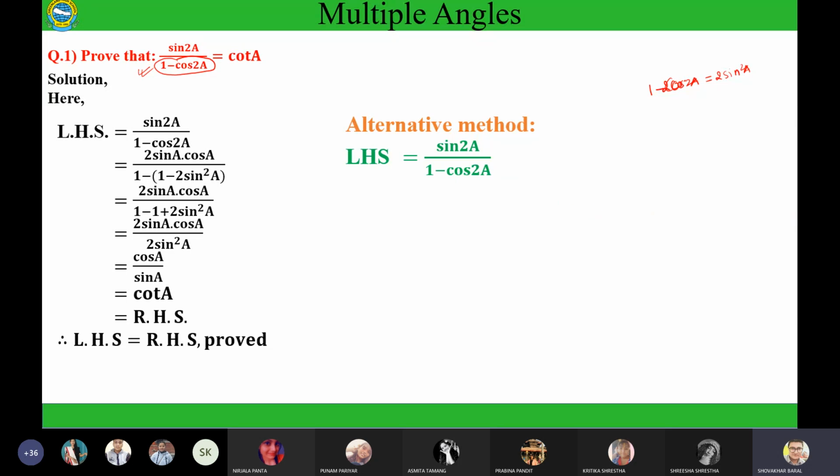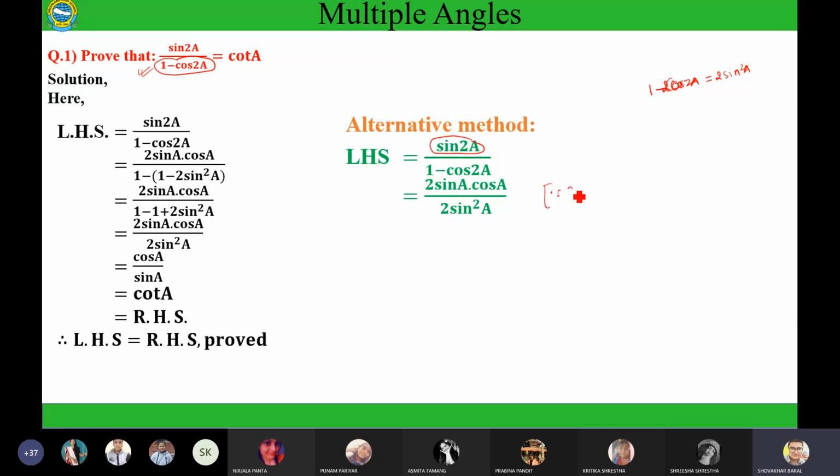So sin 2a will be equal to 2 sin a cos a. We don't have the other formula for sin 2a, though we have it for tan 2a. We can use that also, but it's better to use the simplest formula, that is 2 sin a cos a, and 1 minus cos 2a is 2 sin square a. If you find it difficult to write, then just write the formula.